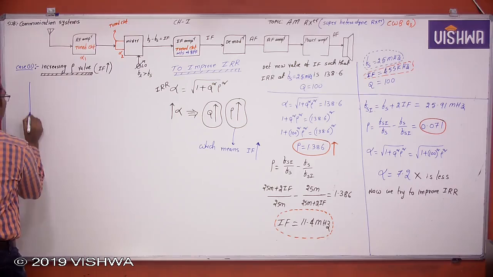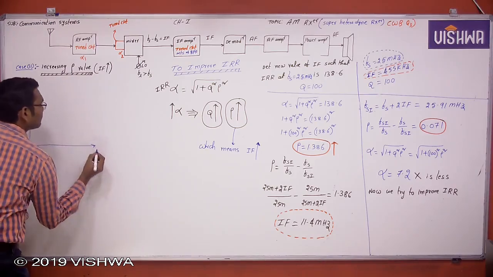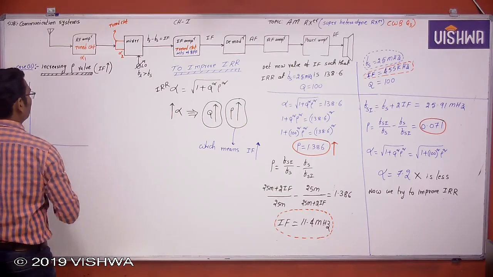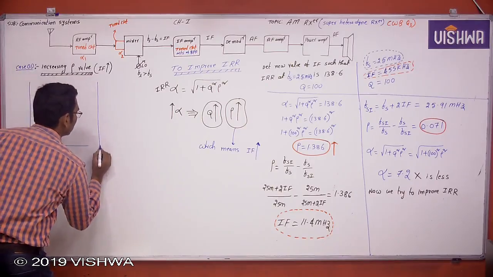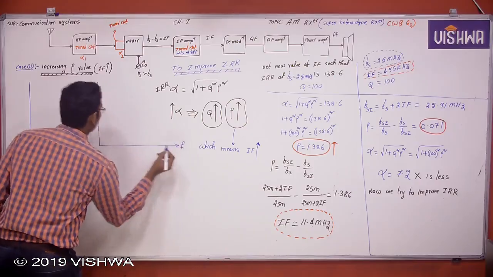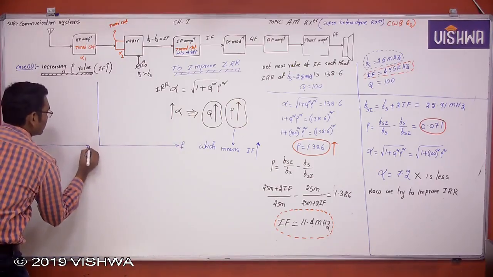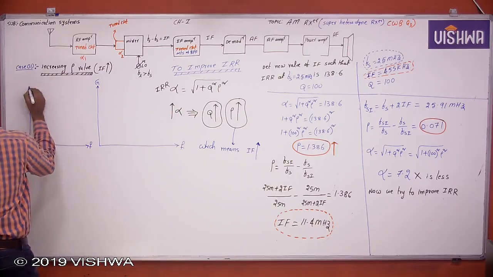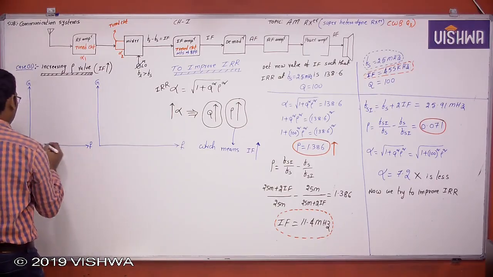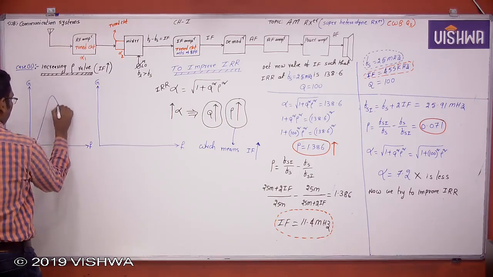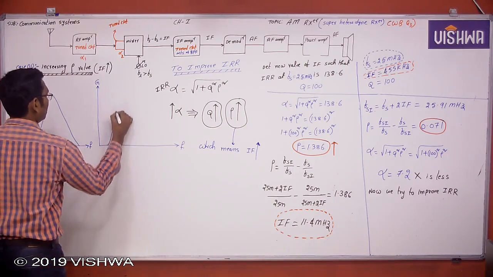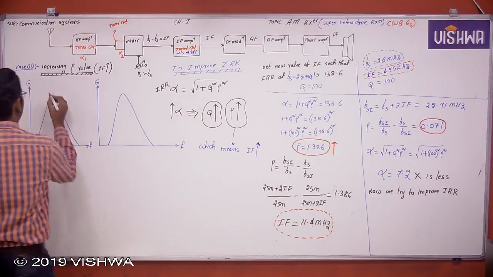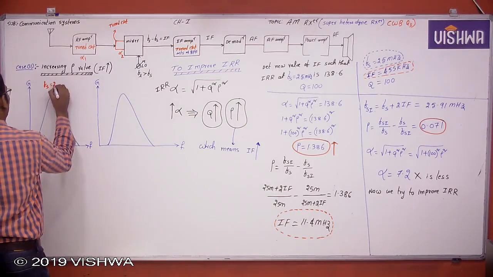See here, see the graphs. Okay. Now before that, you write some points here. What is Fs here? Fs is 25 megahertz.